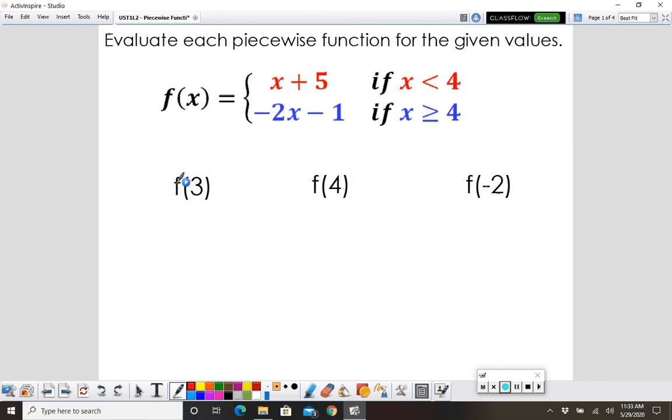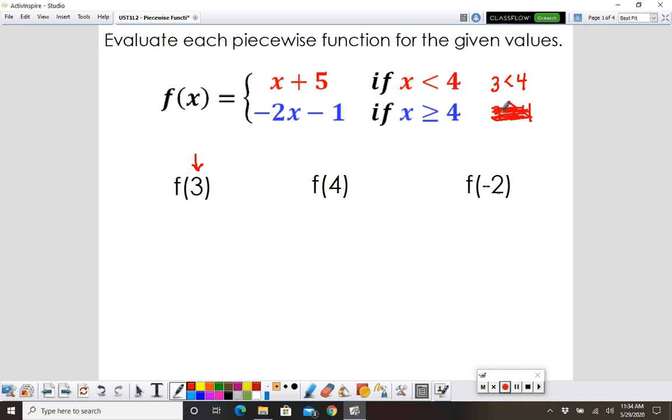Right here I have an x value of positive 3. What I need to do first is look at these two domain restrictors and figure out which one gives me a true statement. If I plug 3 in here, is 3 less than 4? Or if I plug it in here, it says 3 is greater than or equal to 4. Well, this isn't true.